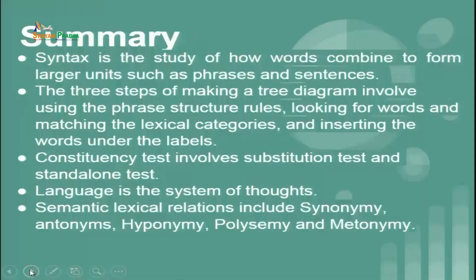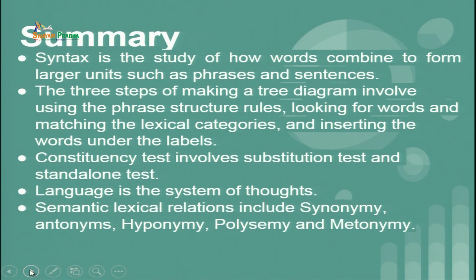The 3 steps of making a tree diagram that you learned today involve using the phrase structure rules, then looking for words and matching the lexical categories, and also inserting the words under the labels.